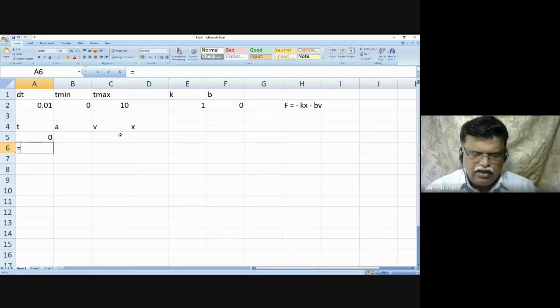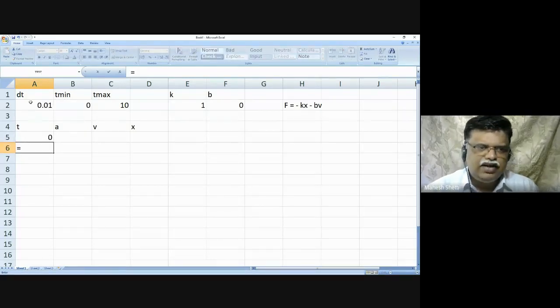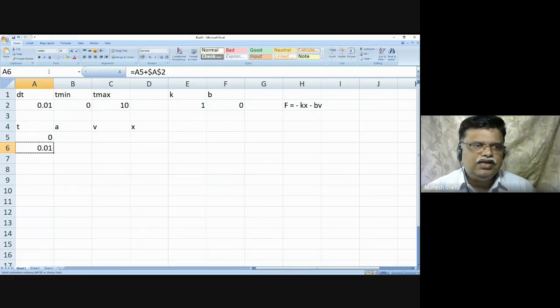And for the first part of the template, I'm just writing what we do every time. So it is A5 plus, I'm going to lock this $A$2, and copy and paste it in all 1000 cells.